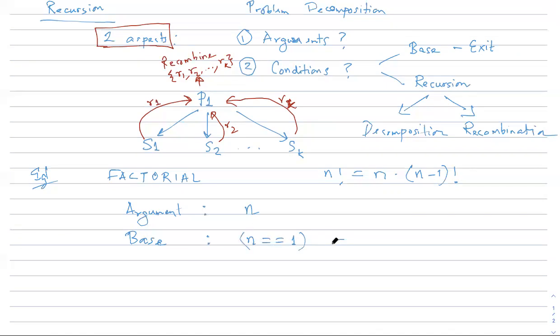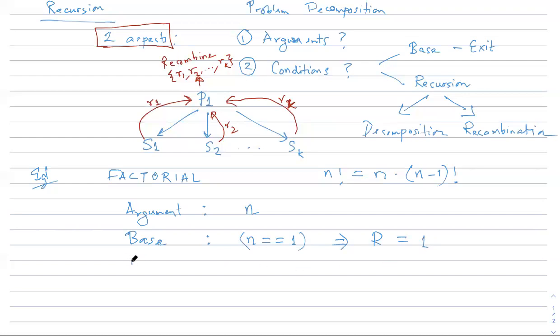You can also say n equal to 0, but I think 1 is good enough. So when the value of the argument is 1, what is the result here? The result is 1.